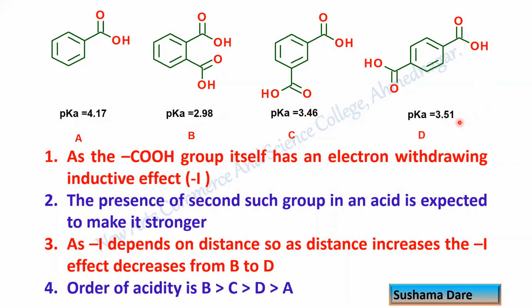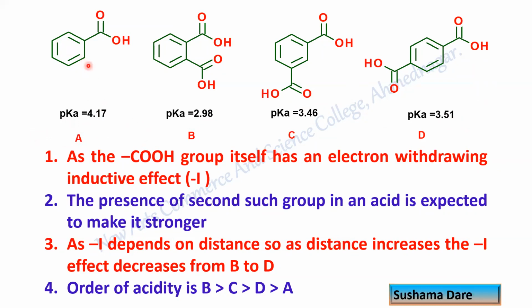So what you see here, when you compare between these, look at A, the pK value is larger. So among all the structures, A is a weak acid, right? A is a weak acid means there is absence of the second COOH group. Absence of COOH group means what?